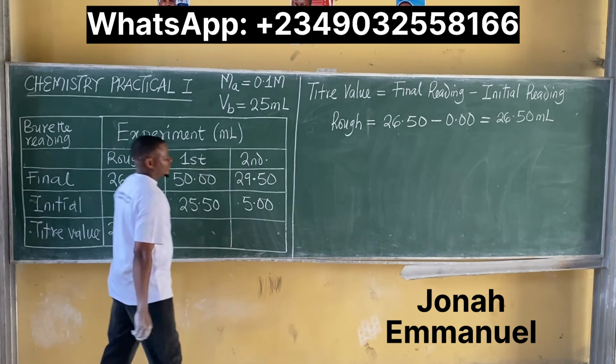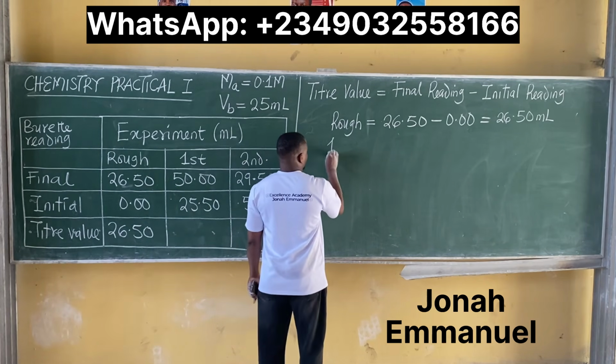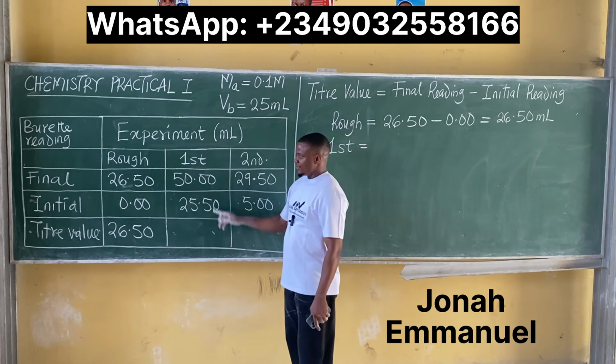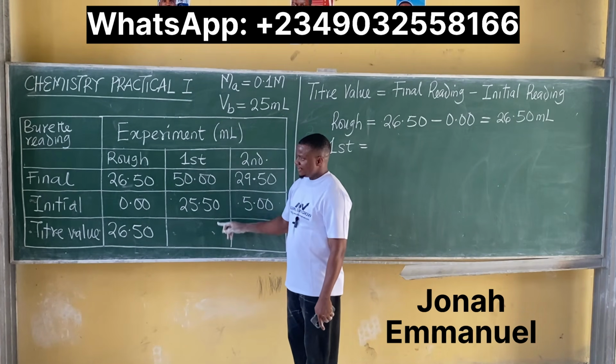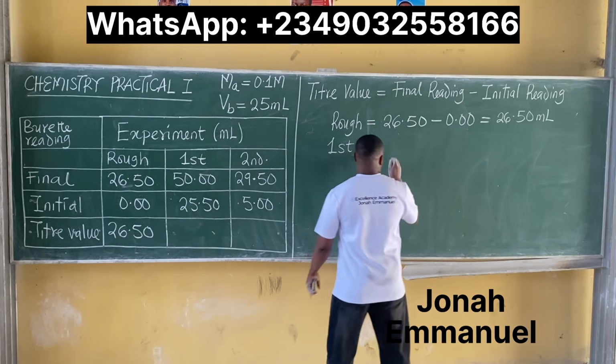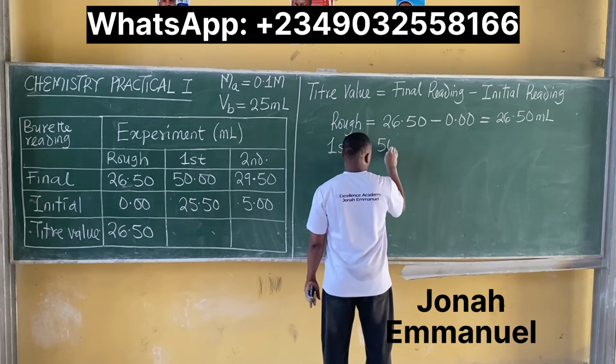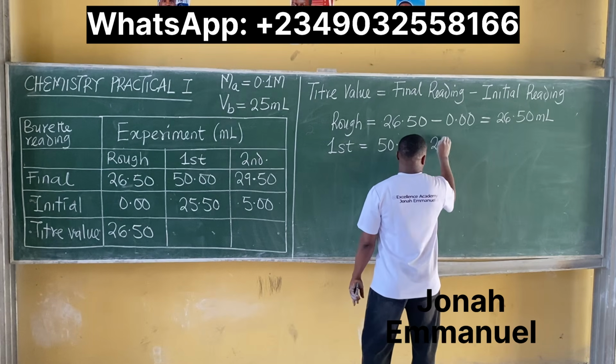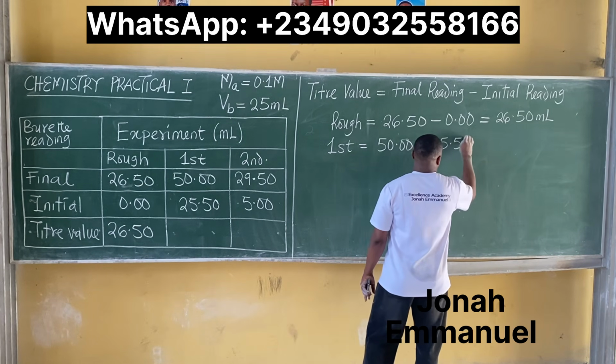Next up, first reading. Let's do final under the column of the first. Final minus initial, that's 50.00 minus initial 25.50.